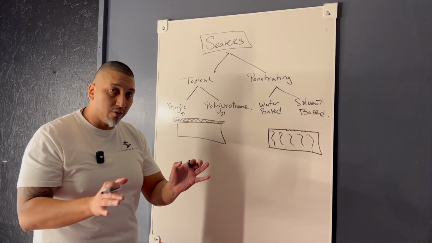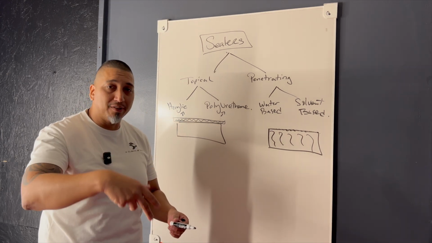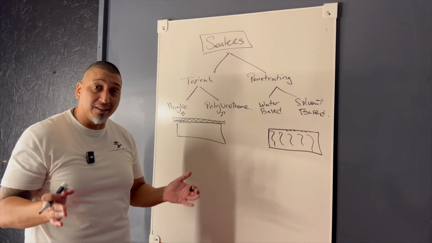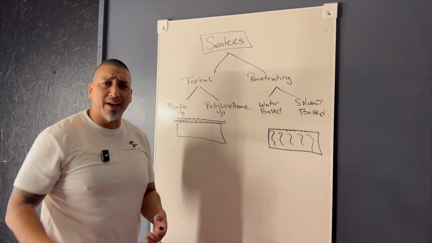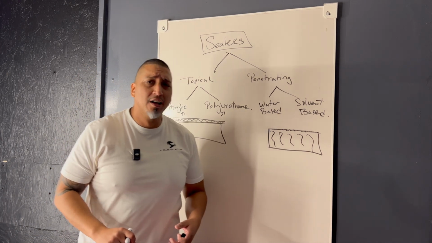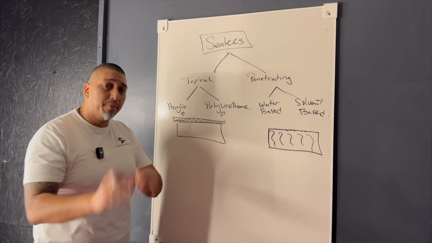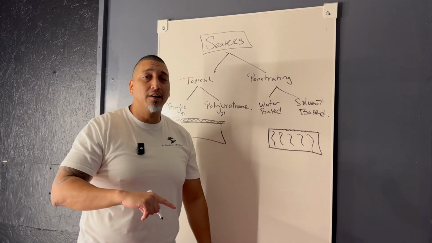So real quick, with acrylics, you have 7%, 10%, 15%, 20%, 25%, 27%, 29% solids. Basically, all that means is, let's do easy math. Let's do 20% solids, right? So you apply 100% of the product, but once it evaporates and dries, 20% of the product is what's left behind.